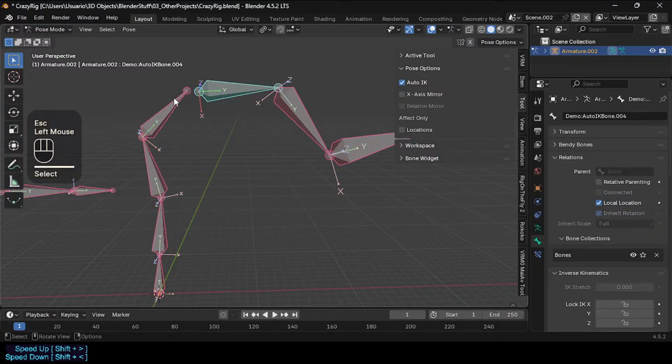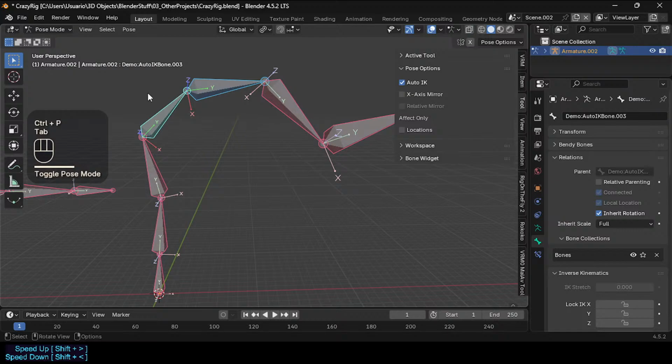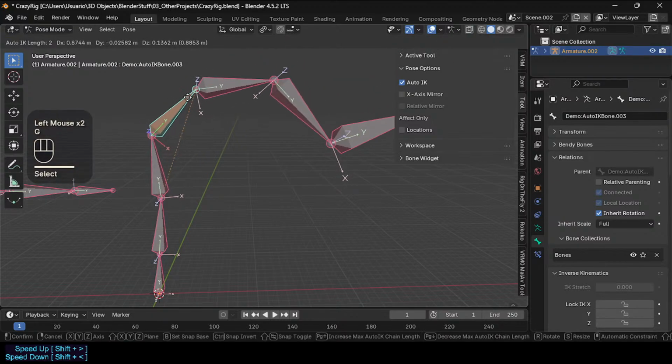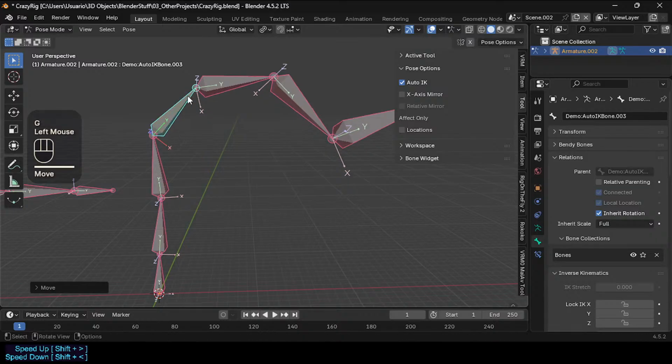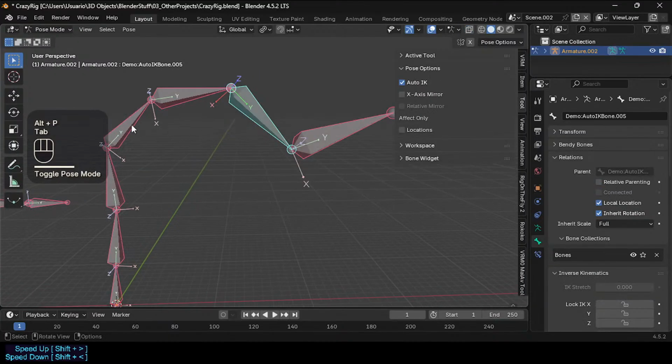So if we expand the Auto FK length to 2, then it will include this bone and it will pin from this joint. So that will bring us, let's try something.